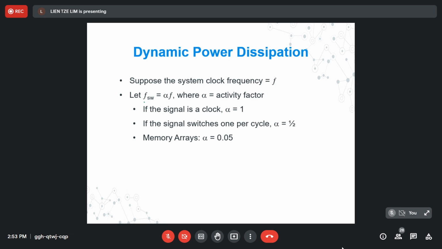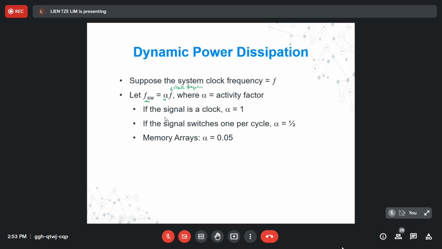And here there is a factor that we call the activity factor. When the activity factor is multiplied with the clock frequency, it determines the rate of switching, how fast or how slow the switching occurs. So FSW is the switching frequency.